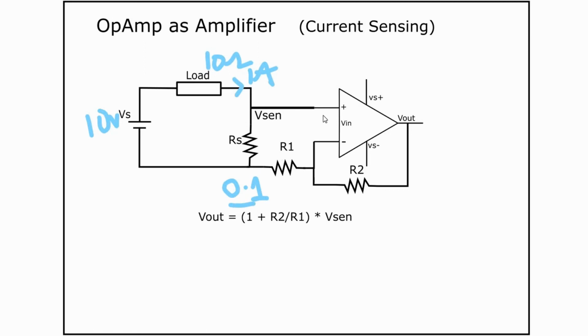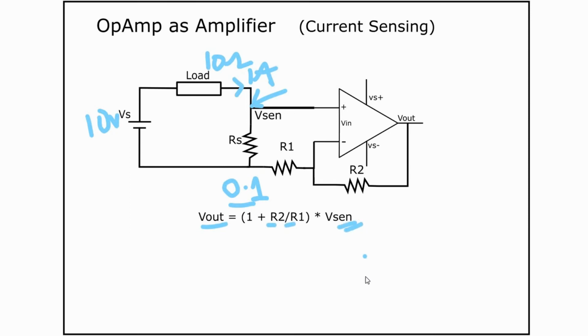So this is a non-inverting amplifier. V out is (1 plus R2 divided by R1) times V sense. V sense is what I have here. So once I measure V out, and if I know R1 and R2, I can calculate what is V sense.